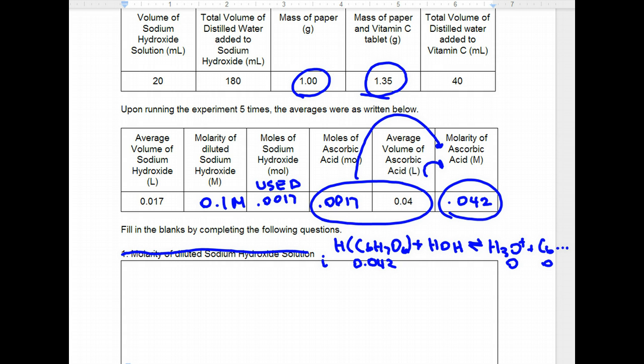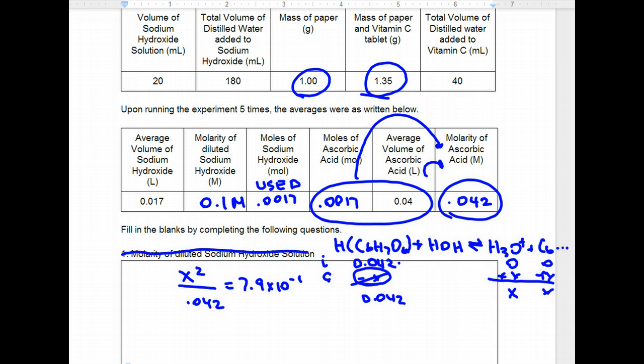These would be 0 and 0. The change would be minus x, and here it would be plus x and plus x. And because this is a weak acid, we're going to assume that this minus x isn't going to make much of a difference on this number right there. And what we would end up with is 0.042, x, and x, and we would have x squared divided by 0.042 is equal to 7.9 times 10 to the power of -5.